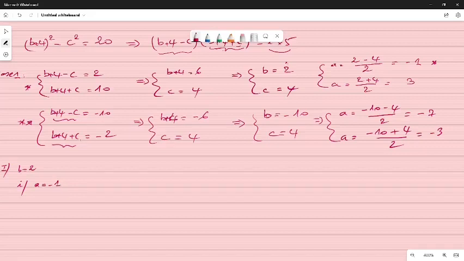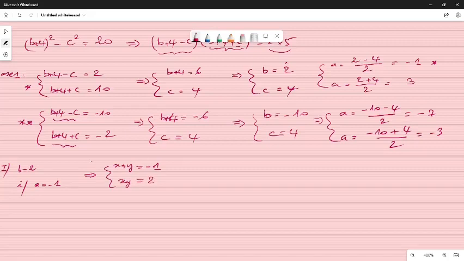And this implies, what is a? a is x plus y equals minus 1, because a is exactly x plus y, and b is x multiplied by y equals 2.